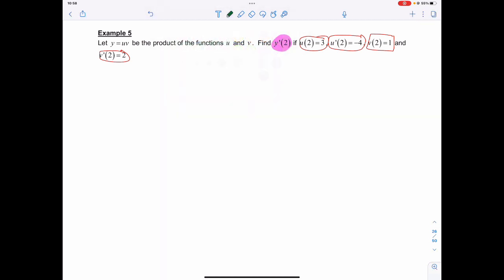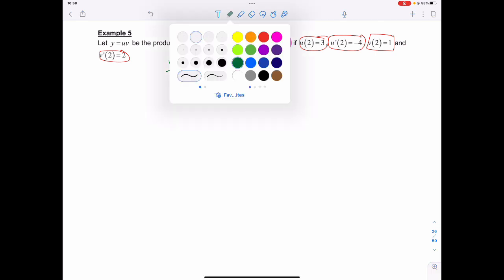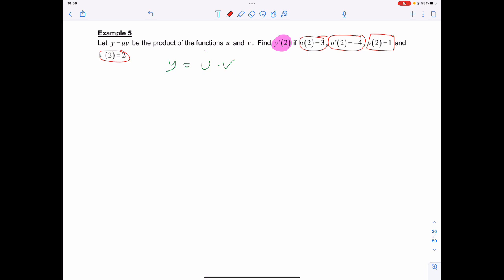So what do we know? We know that y is equal to u times v. We're going to call that factor 1, factor 2. We know that y prime is equal to u times v prime plus v times u prime.